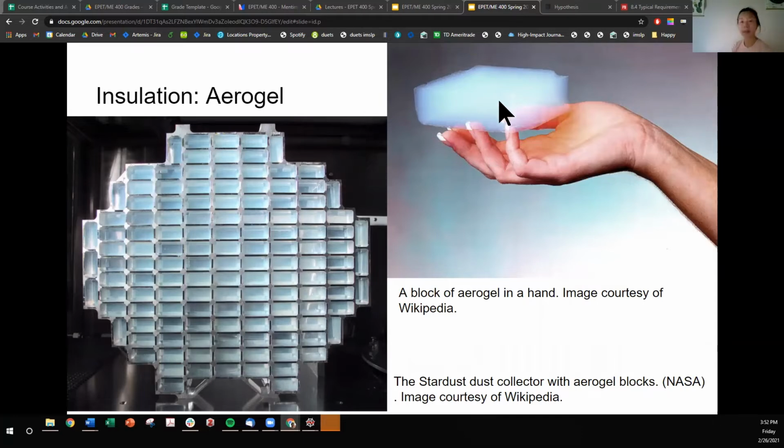It's a synthetic porous ultralight material derived from a gel, in which the liquid component for the gel has been replaced with a gas without significant collapse of the gel structure. The result is a solid with extremely low density and extremely low thermal conductivity.